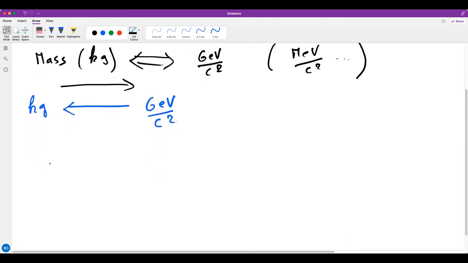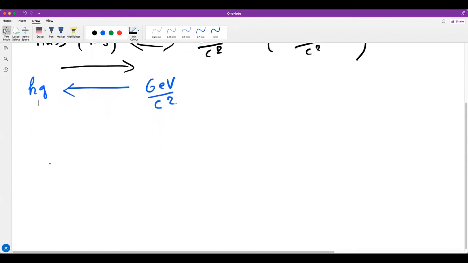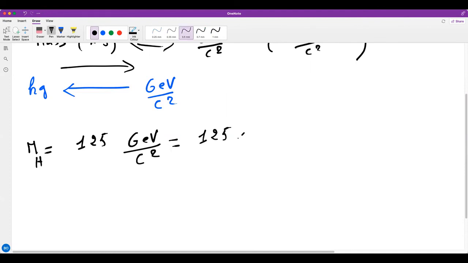So let's start. The mass of the Higgs boson is 125 GeV per c squared. The first thing is to convert GeV to eV. So it's 125 times 10 to the 9 electron volt per c squared.